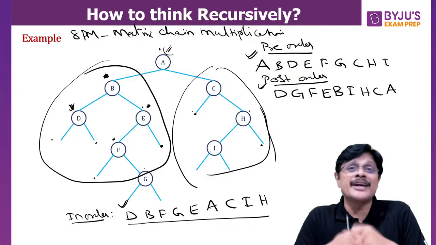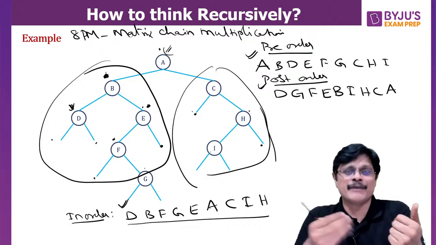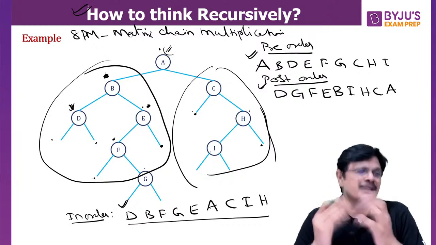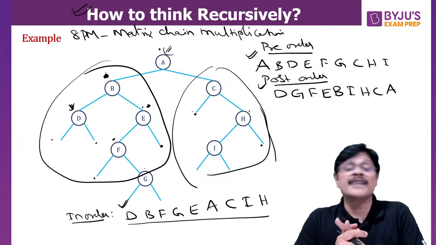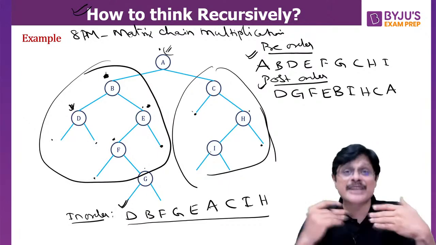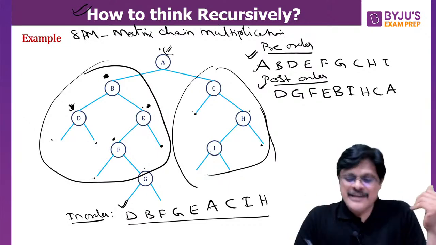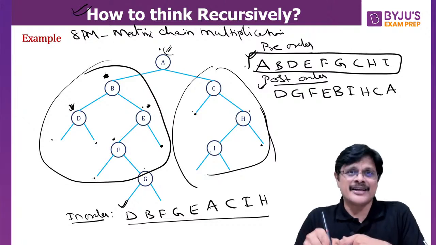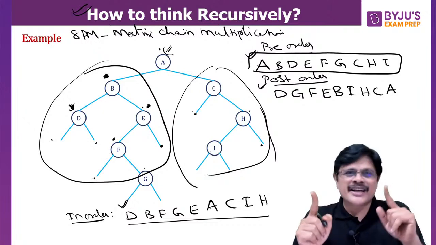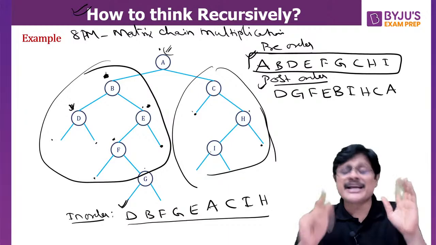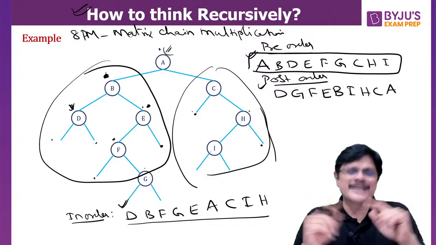My main idea is to introduce recursion. Wherever you find recursion, the topic name is how to think recursively. I started with recurrence relations, then recursive functions. Now I am doing binary tree traversals, which involve recursion. If you understand recursion, then the traversal can be written directly. If you don't understand recursion, then you have to use 1, 2, 3s. Initially that is fine, I am not saying that is wrong.